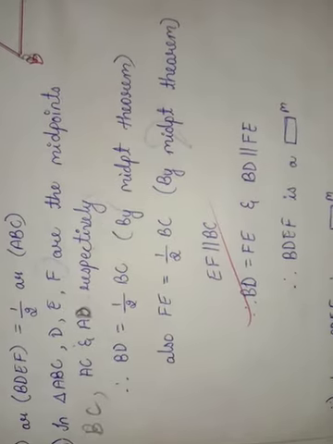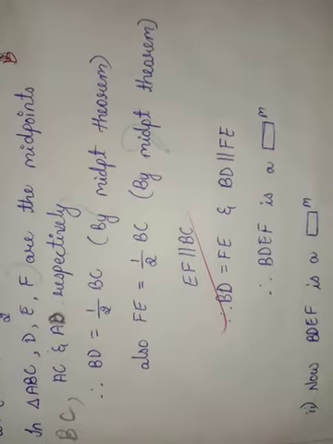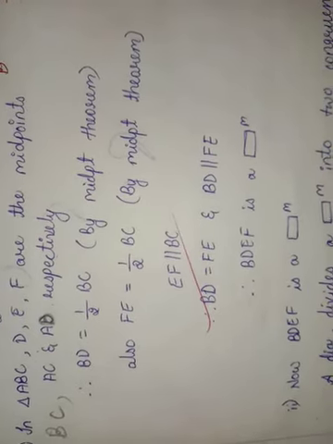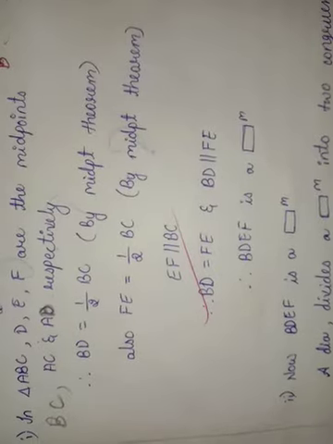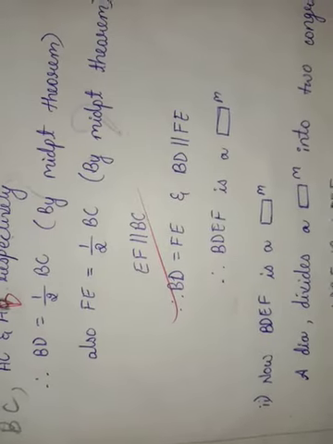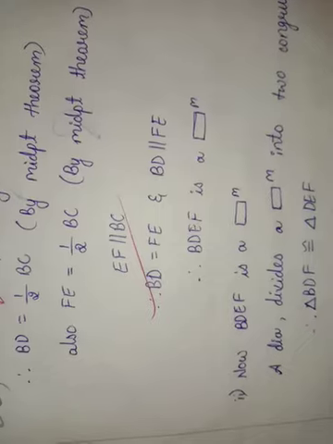In triangle ABC, D, E, F are the midpoints of sides BC, AC and AB respectively. Therefore, BD is equal to 1 by 2 times BC by midpoint theorem.